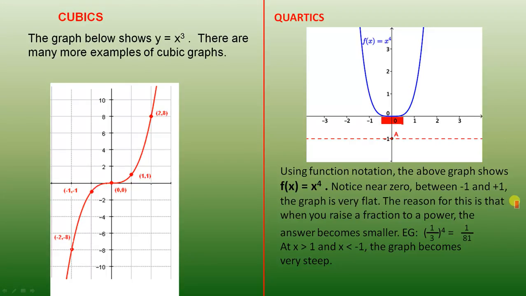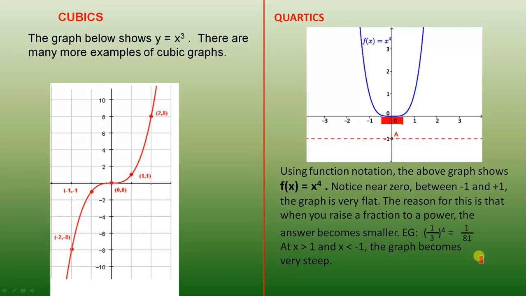The reason for this is that when you raise a fraction to a power, the answer becomes smaller. For example, 1 over 3 to the power of 4 is 1 over 81. See, that's the x value and that's the y value. See how very, very small it is compared to 1 over 3? And that's the reason the curve is very flat here.